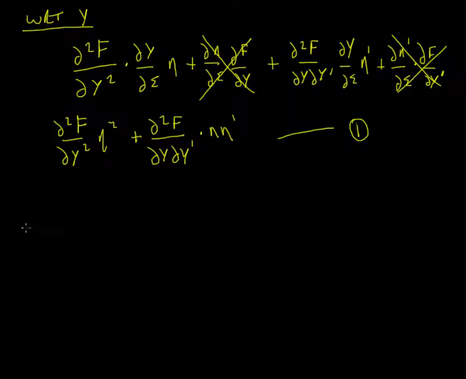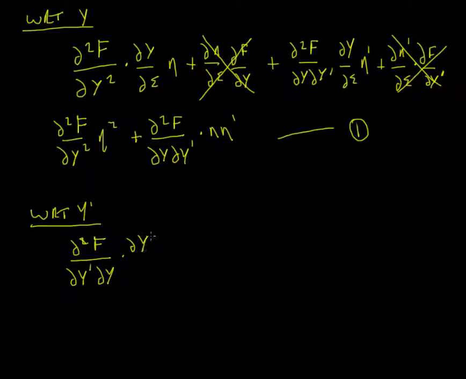Now if we differentiate with respect to y derivative, then we would have partial squared f upon partial y derivative times partial y, a mixed derivative, and then the chain rule, partial y derivative by partial epsilon times eta, plus the second part of the product rule, partial eta upon partial epsilon times partial f by partial y.